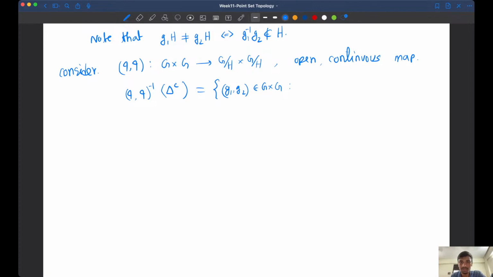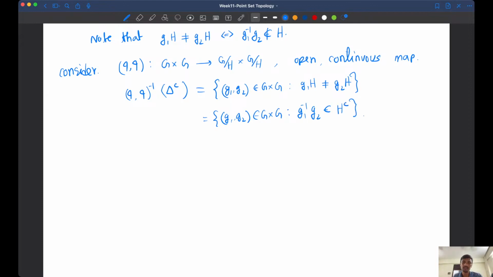That means G1H is not equal to G2H, right? And exactly from this one, this is G1 comma G2 belonging to G cross G such that G1 inverse G2 does not belong to H. That means it belongs to H complement.